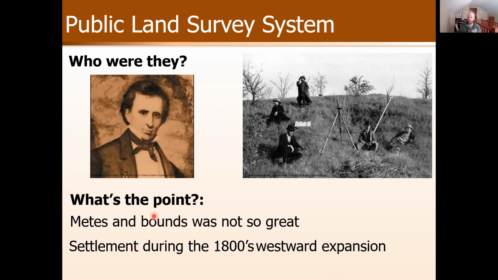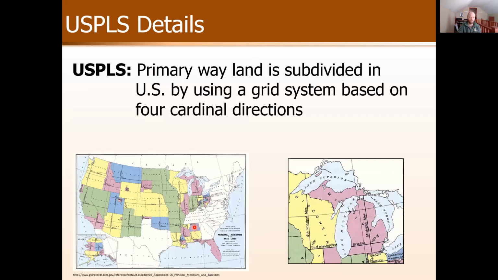It might have been a little bit more detailed than that, but there was no set grid system, and so it ended up with lots of disputes and confusion as to what land was whose and how they lined up. And so this was very much a more systematic way to subdivide the United States.